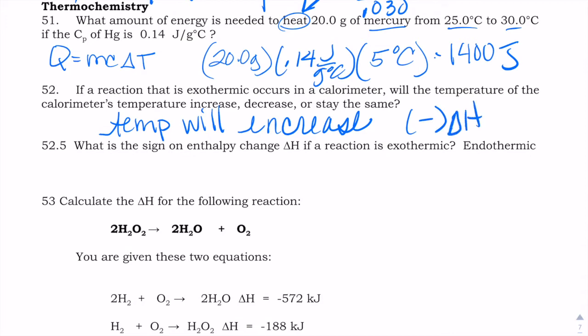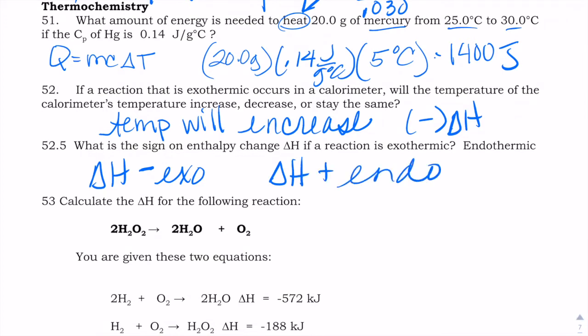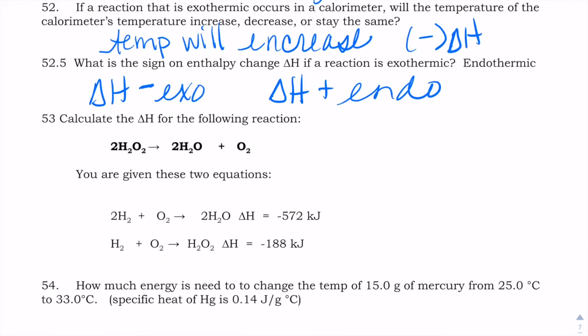If it's exothermic, it's negative. And if it's endothermic, it's positive. Because we're adding heat. Heat being released, we're losing heat. Giving off heat.